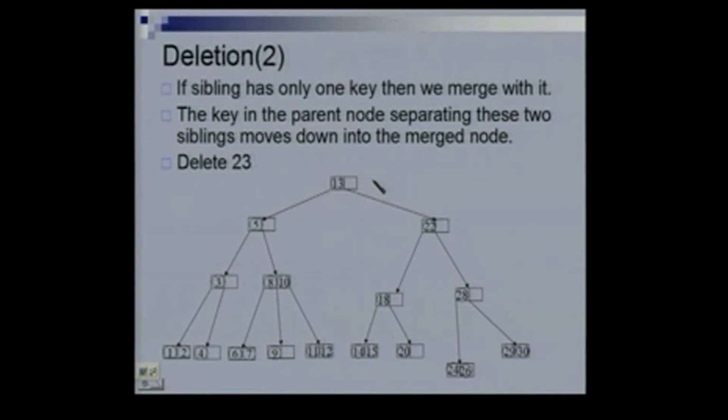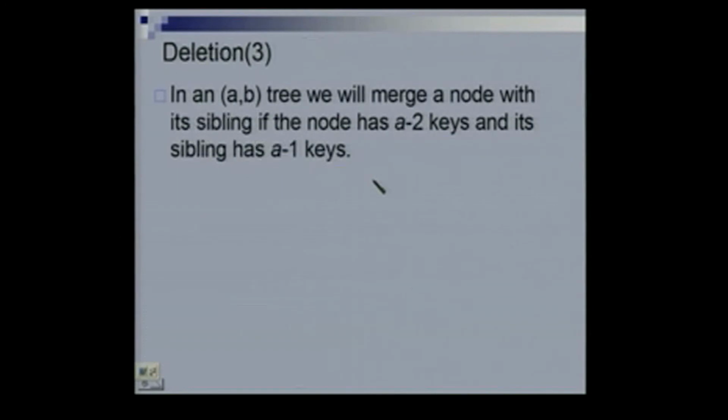Right. Okay, so let us continue. In an (a,b) tree, we will merge a node with its sibling. When will we merge a node? Now we are coming back to an (a,b) tree. When do I merge a node with its sibling? That is the question.